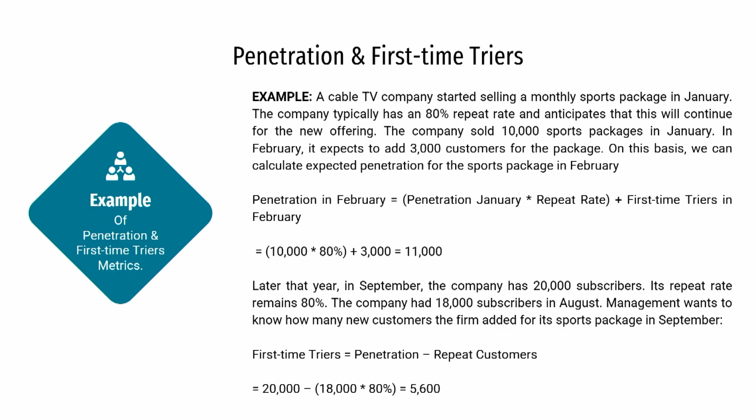So, the repeat number of customers for the month of September is 18,000 multiplied by 80%, which comes to 14,400. So, the 5,600 is my total number of new triers or new customers.